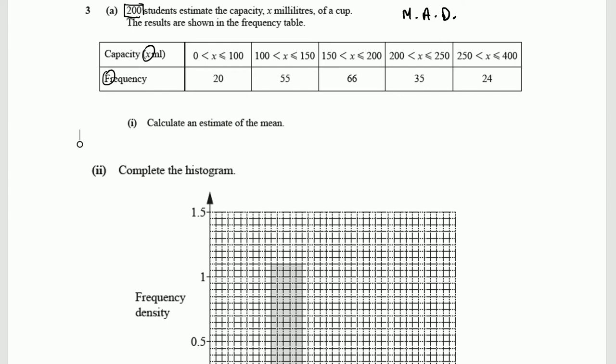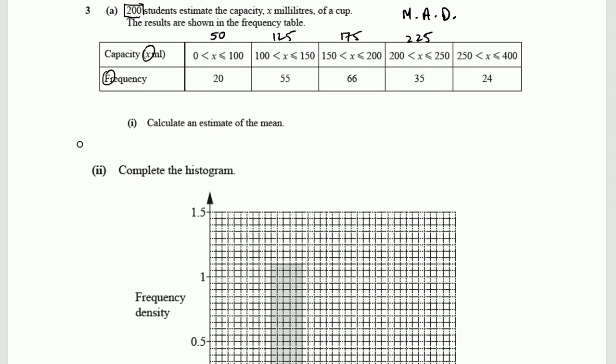If we're dealing with grouped frequencies, we first of all have to calculate the midpoints of each interval. Now most of the time these are pretty obvious. So this over here is 50, halfway between 0 and 100, 125 over here, 175 over here, 225 over here, but this one we might have to stop and think about a little bit.